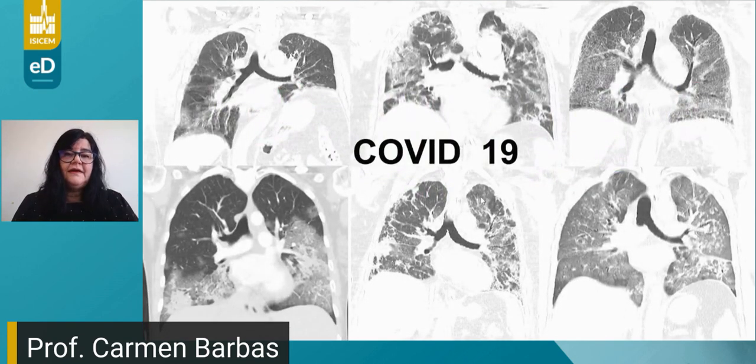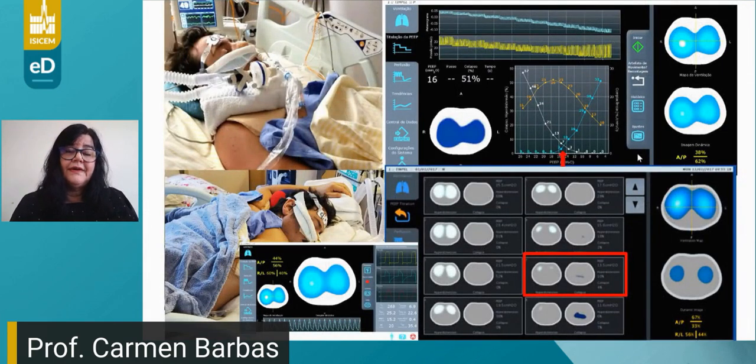In the COVID time, we have a lot of different lung involvement with a lot of ground glass and organizing pneumonia, making it more difficult to titrate PEEP and do a protective ventilation. So you can use the impedance tomography. Our group has a lot of experience with that.